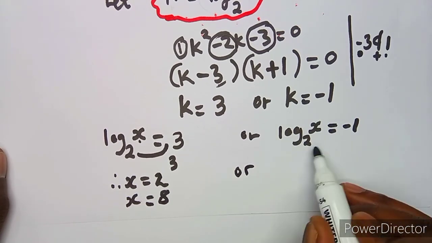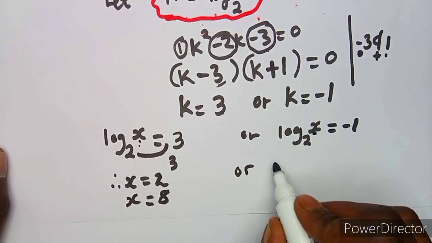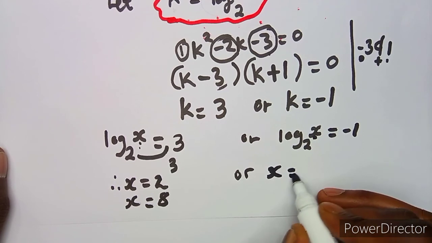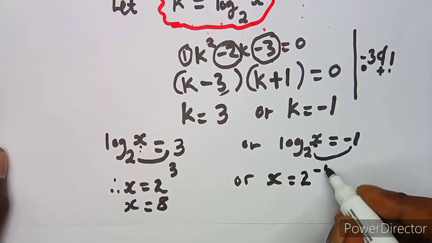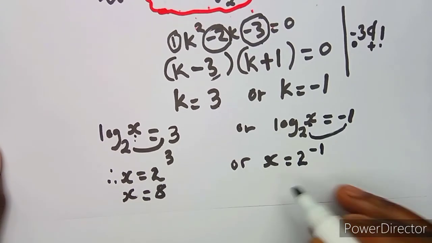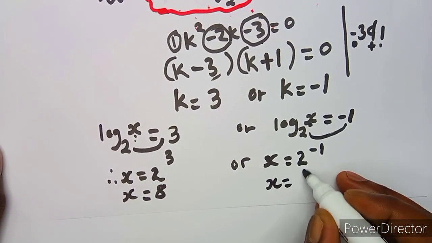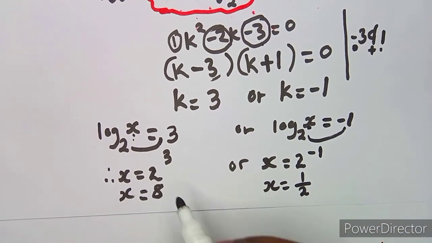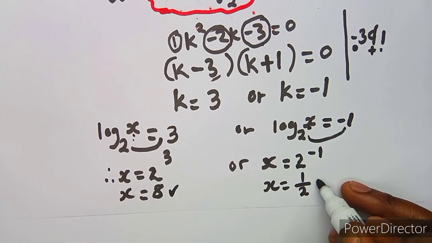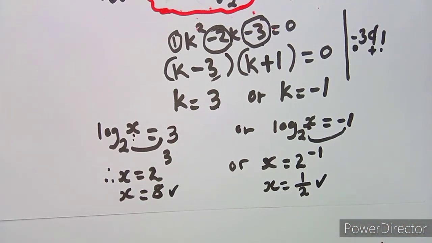Or we move on to this one. Our x here is going to be 2 to the exponent of negative 1, which is the same as 1 over 2. So these are the values of x. x can be 8 or x can be 1 over 2.